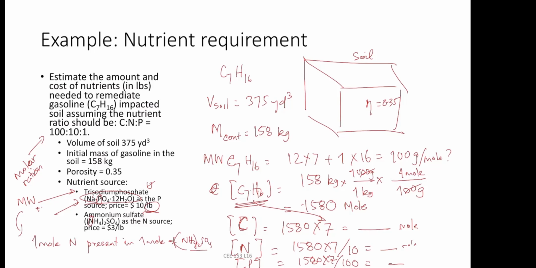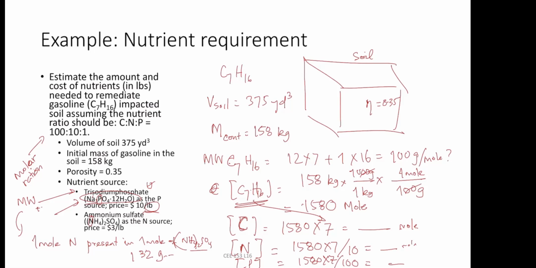Let me search it. What's the ammonium sulfate molecular weight? Just to give you an example, it's 132 grams. And how many pounds is 132 grams? 132 grams to pounds is 0.29.